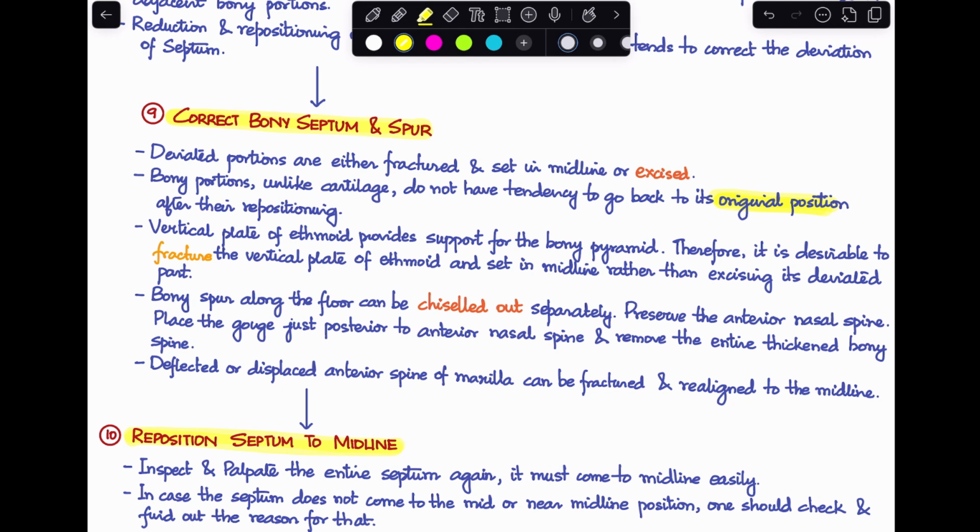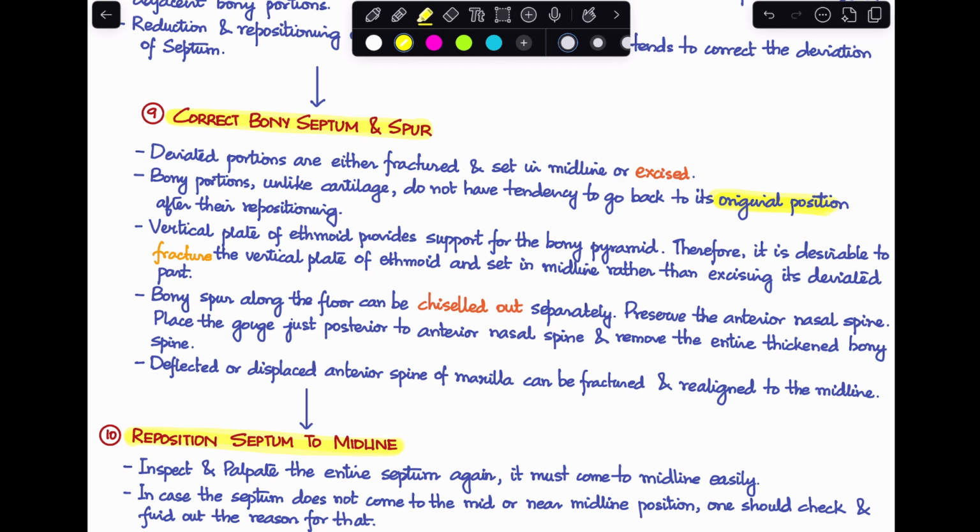We know that the two major bones forming the nasal septum are the vertical plate of the ethmoid and the vomer. Because the vertical plate of the ethmoid gives support to the bony pyramid, we have to be careful that we do not excise it, because it forms a major part of the support to the bony pyramid.